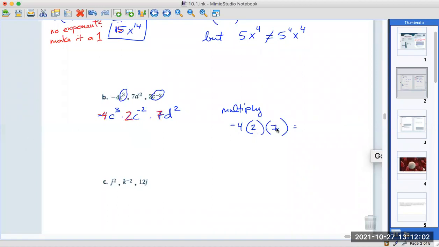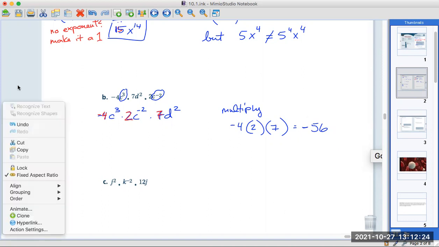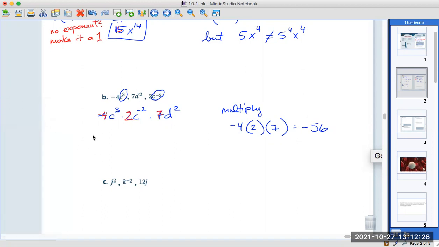2 times 7 is 14. It's going to be a negative answer. 8 times 7, 56, I believe. So -56 is our leading coefficient. We call it the leading number. The number comes first.